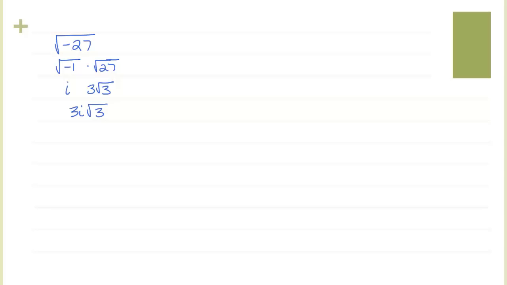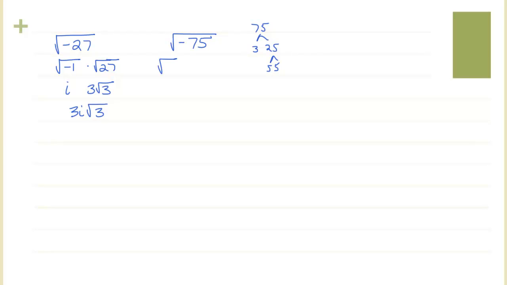Let's do another one. Square root of negative 75. Okay, so 75, I'll do a tree on this one just because we haven't done one for a while. 3 times 25. Now if I recognize 25 is a perfect square, I already know a 5 will pull out, but I'll do the detail on this one.